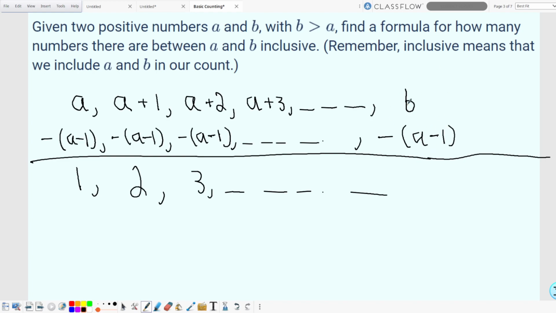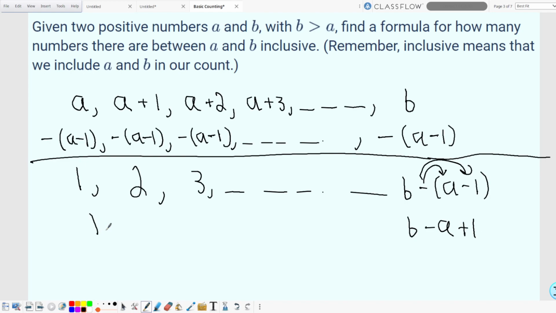But then we get to this part where we have B minus (A minus 1). Well, again, distribute that negative, and what are we left with? We're left with B minus A, and the negative gets distributed to the negative 1 to become plus 1.